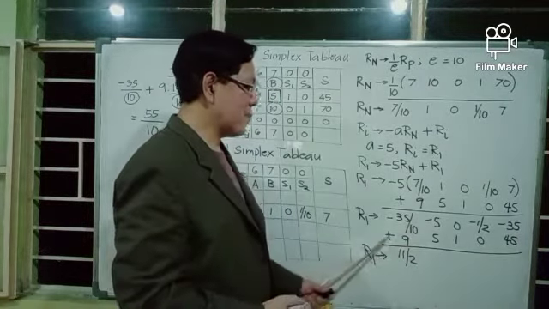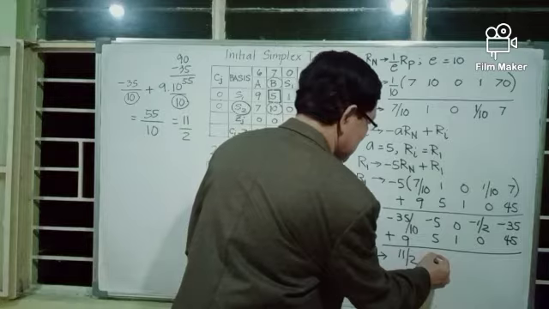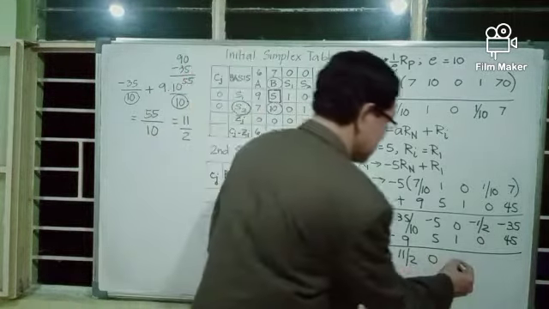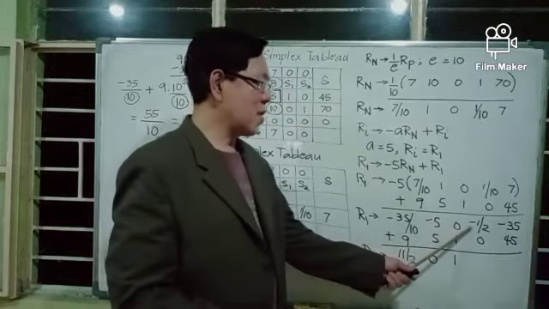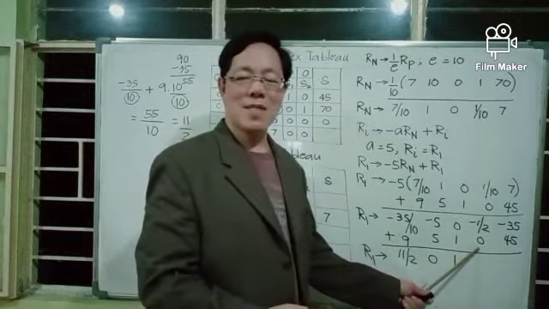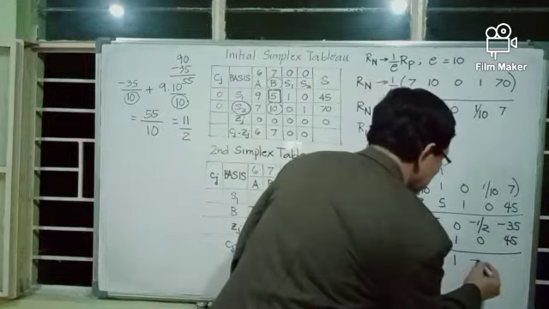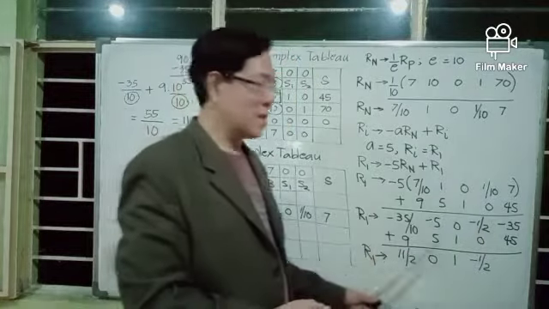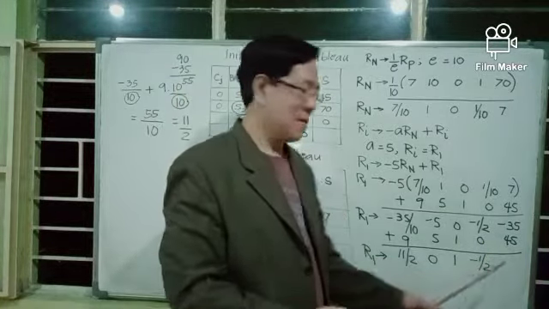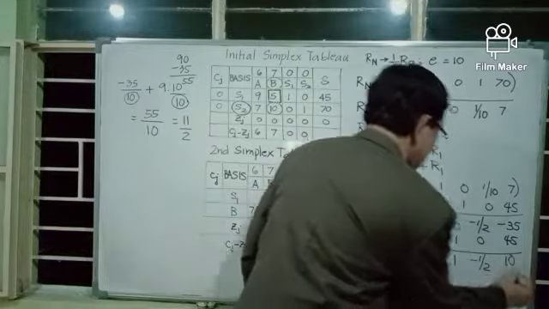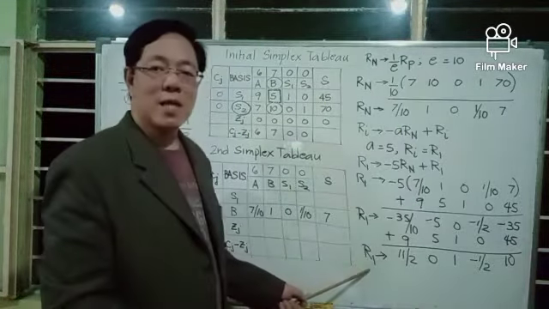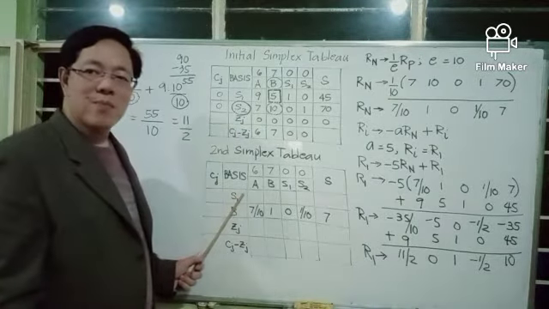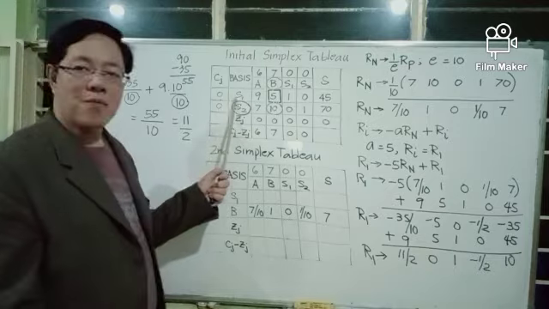And negative 5 plus 5 is 0. 0 plus 1 is 1. Negative 1 half plus 0 is negative 1 half. And negative 35 plus 45 is 10. These are now the new entries of row 1 in the second simplex tableau, or the row of S1.